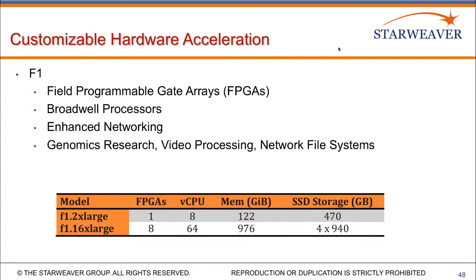Okay, this is a very advanced technology. And so they're good for genomics research, video processing, network file systems, but with your own programmable hardware acceleration. Again, they are much more expensive. They're more like on the lines of the X1s in terms of the cost for them, but they do give you really, really impressive capabilities.